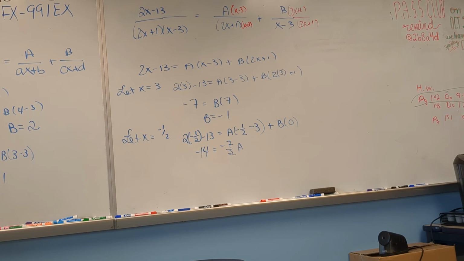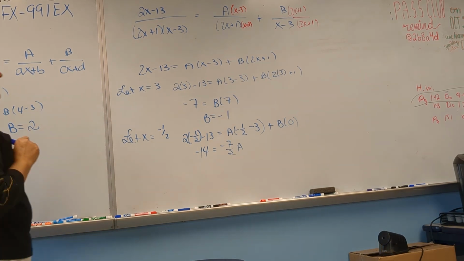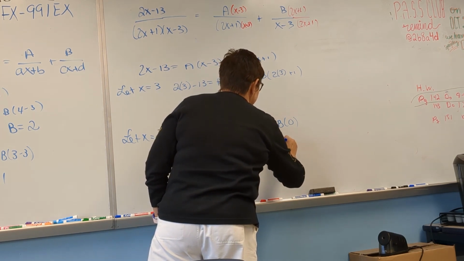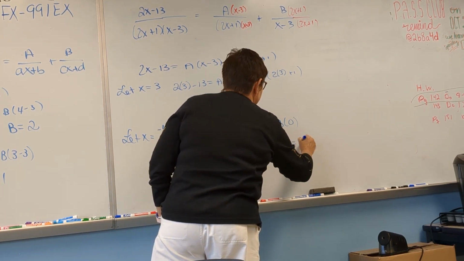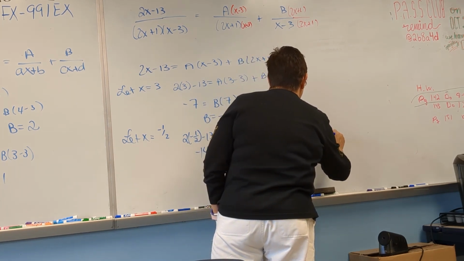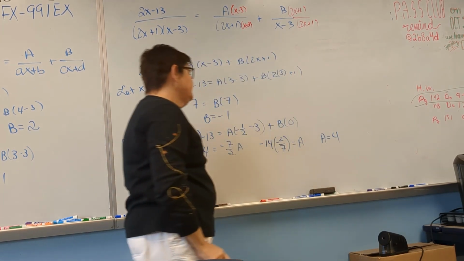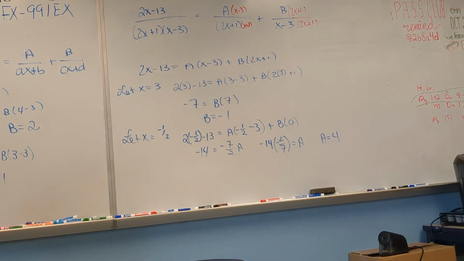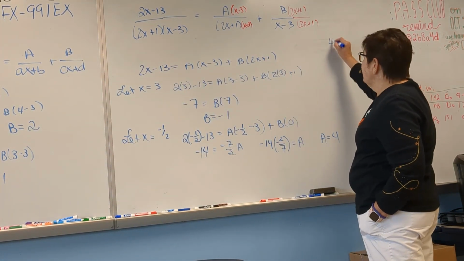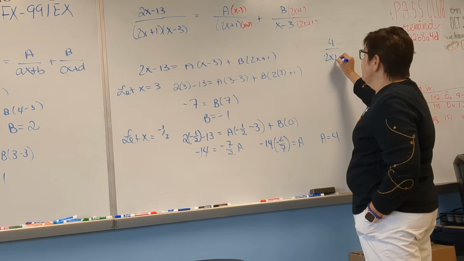Multiply both sides by -2/7. What'd you get? A is what? 4. And then the last step is to do what? Just rewrite it, right? So your a is 4 over 2x plus 1.